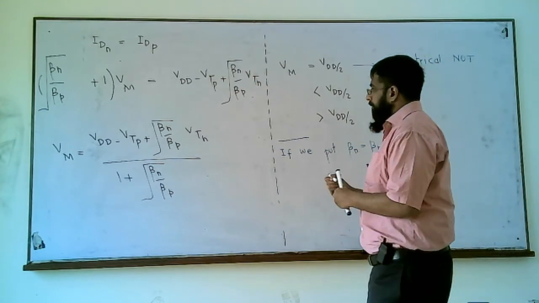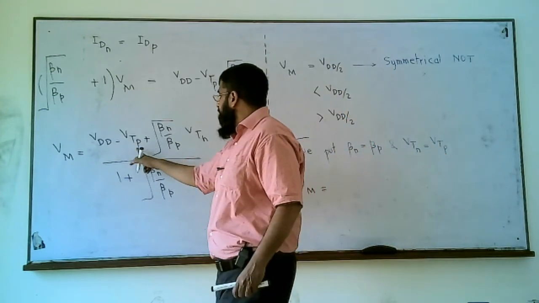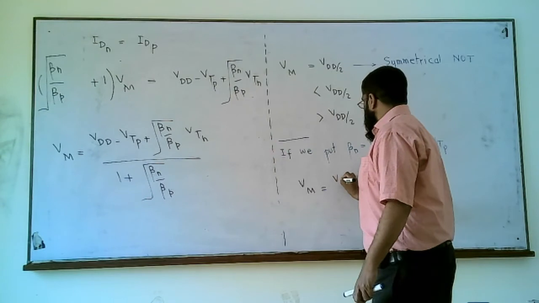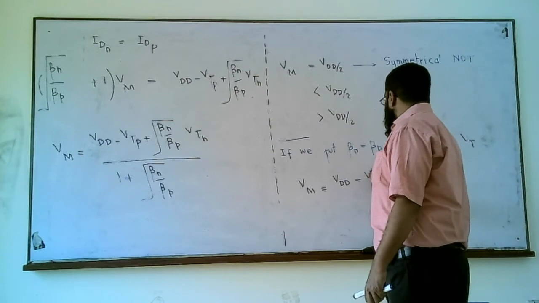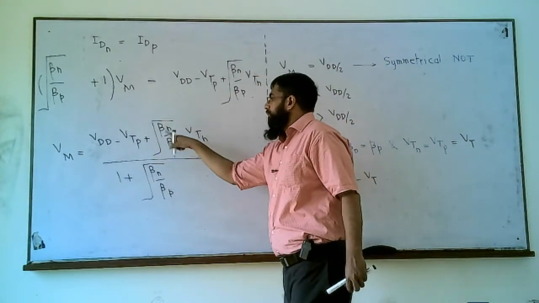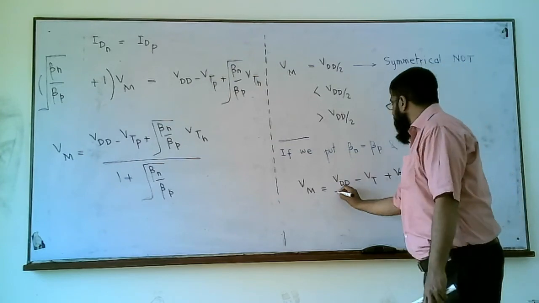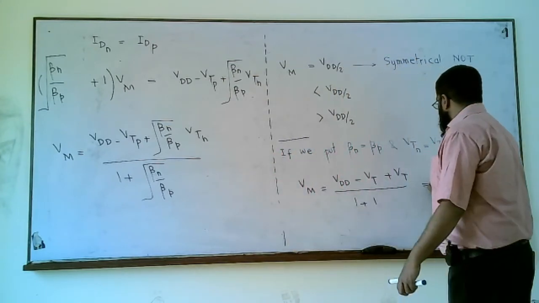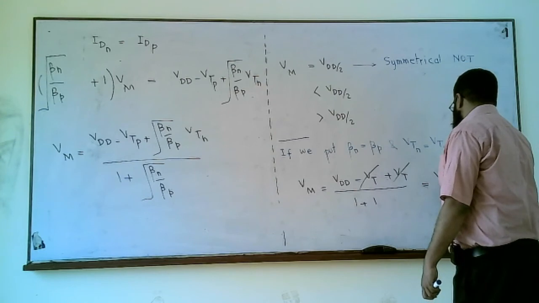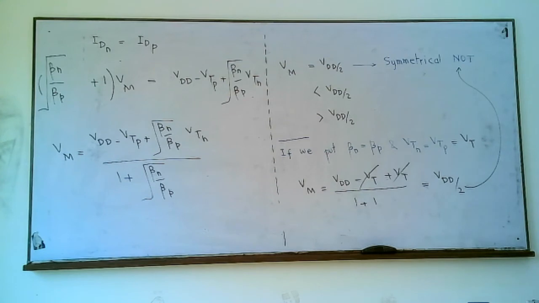In this scenario, if we put beta n equal to beta p and VTN equal to VTP, let's call it VT, this comes out to be VDD minus VT plus 1 times VT, divided by 1 plus the square root of beta n over beta p, which is 1. The ratio is 1, the square root of 1 is 1, so this comes out to be VDD by 2, a necessary condition for the symmetrical NOT.